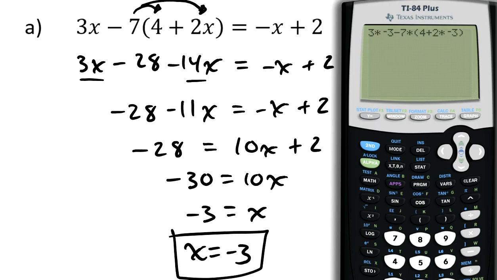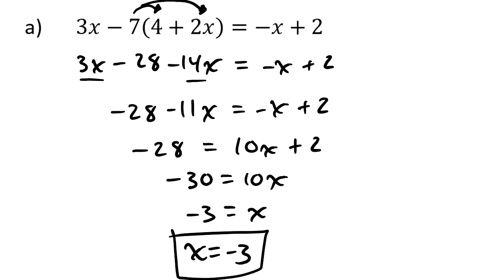I'll close the parentheses and press equals. And you see I got the number 5. And if I plug that in on the other side, I've got the opposite of a negative 3, and then plus 2 is equal to positive 5. So when x is negative 3, both the left-hand side and the right-hand side equal 5. Because 5 does equal itself, it's definitely a solution.